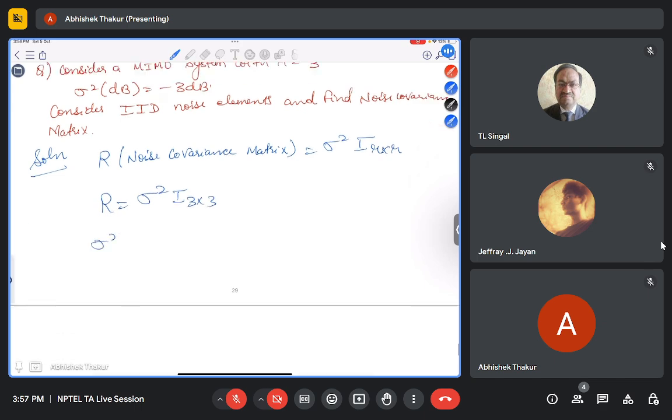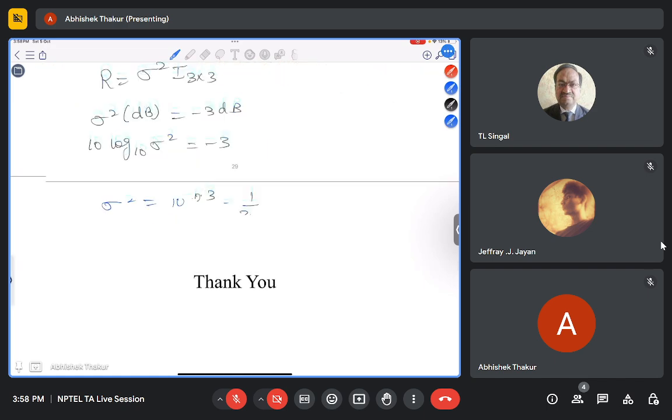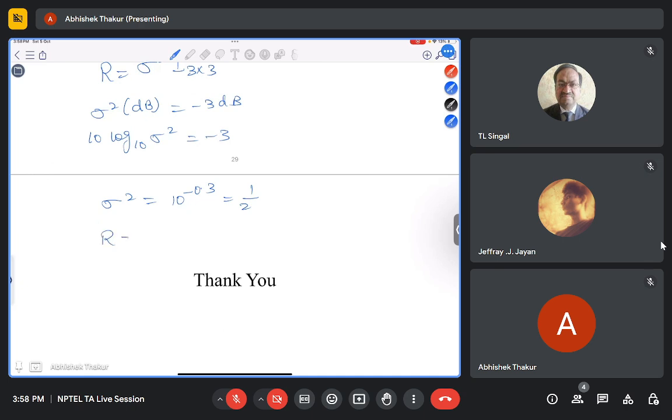Here sigma squared in dB is given as minus 3 dB. So now we will find the noise value. Sigma squared is equal to 10 to the power of minus 0.3, that is equal to 1 by 2. So the noise covariance matrix is half I 3 cross 3, that is equal to half 0 0, 0 half 0, and 0 0 half.